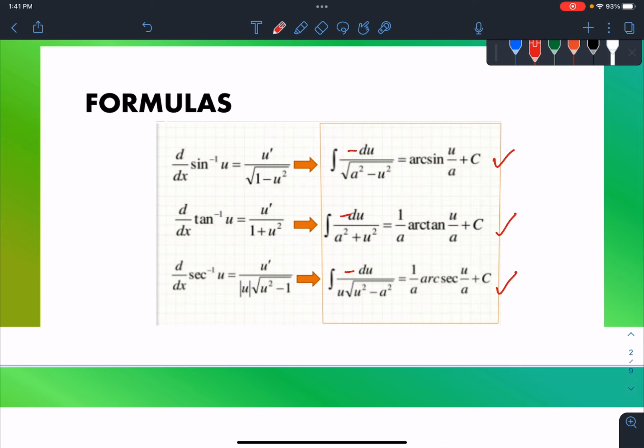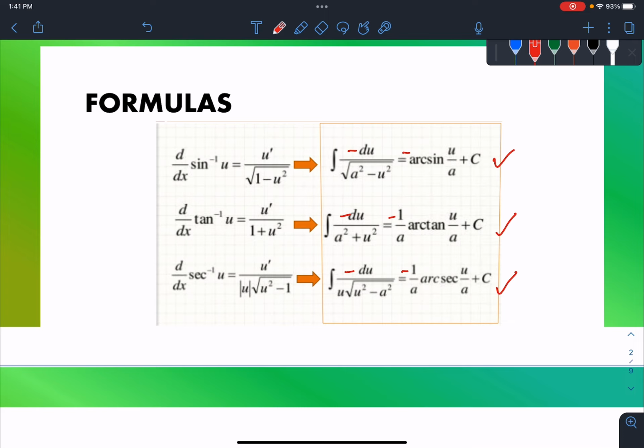In those cases, we don't need those formulas anymore. Since if we are just given a negative du here, we could just have a negative arc sine there. The negative arc sine is the same as arc cosine. The negative arc tangent corresponds to arc cotangent, and the negative arc secant is the same as arc cosecant.